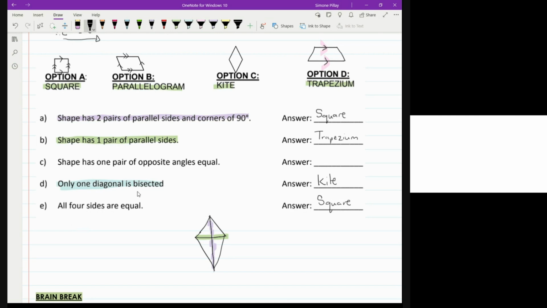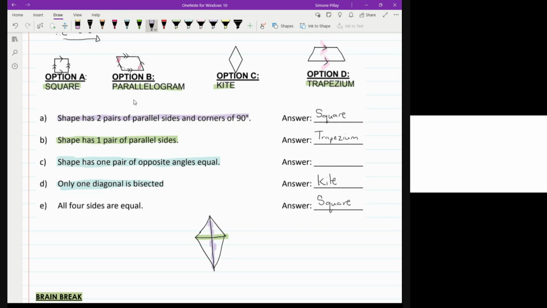And then we have a shape that has one pair of opposite angles equal. It's a parallelogram? But a parallelogram has two pairs. This pair of angles is equal, and this pair of angles is equal. So a parallelogram has two pairs of opposite angles.